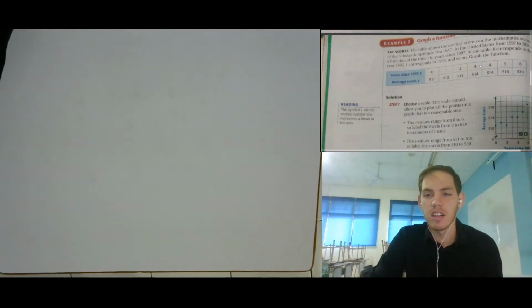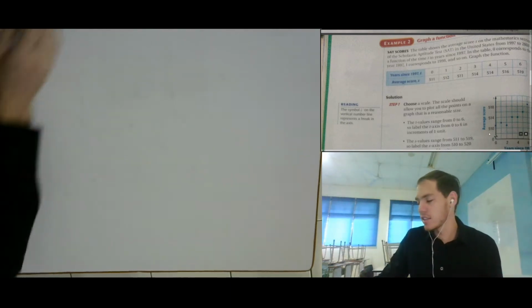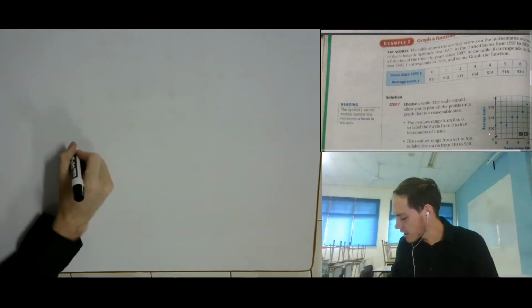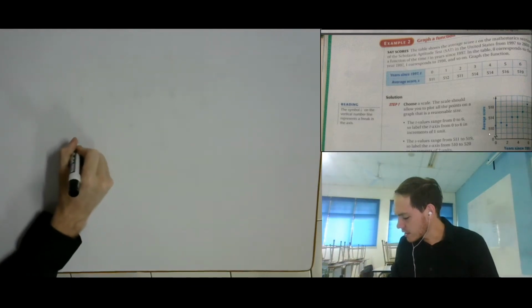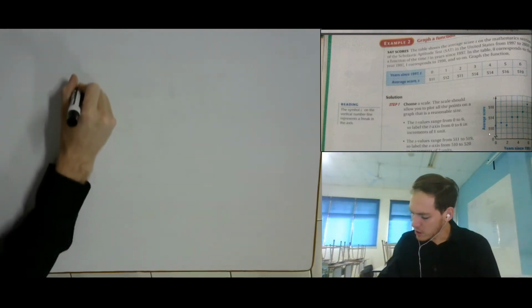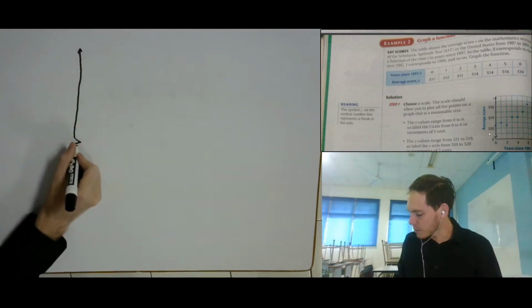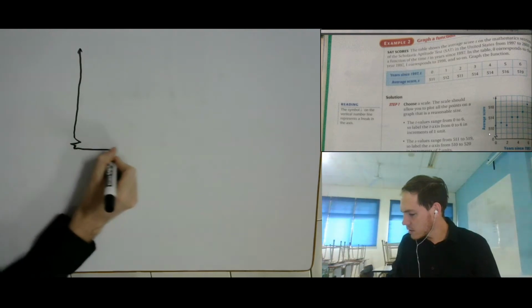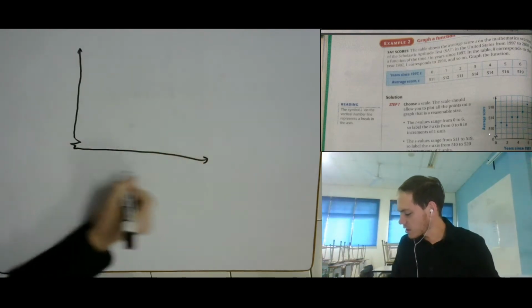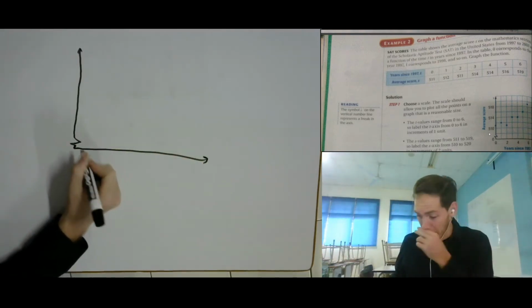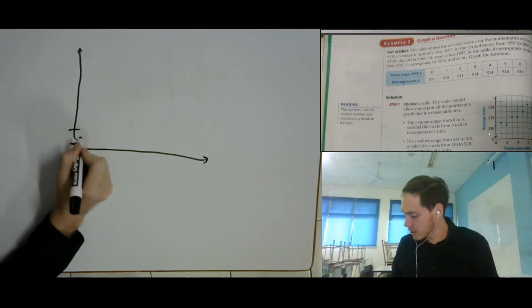Our t is our x-axis, our s is our y-axis, and notice they do this little zigzag. This zigzag basically implies that your graph does not start at 0.